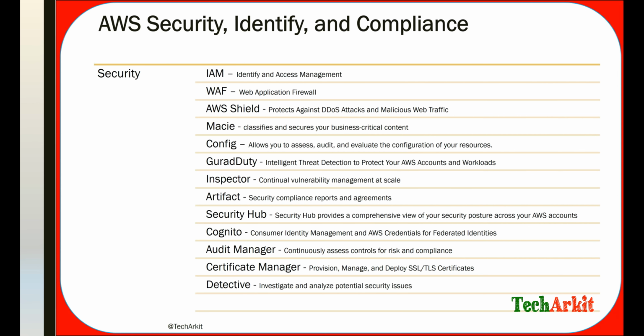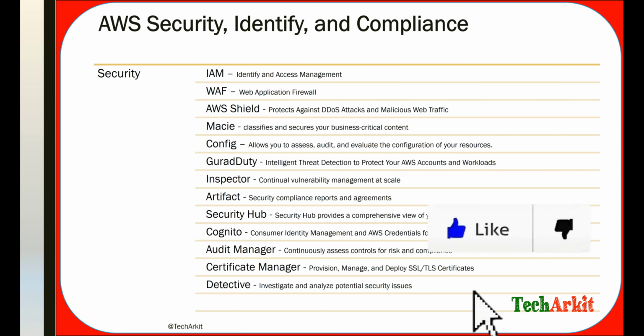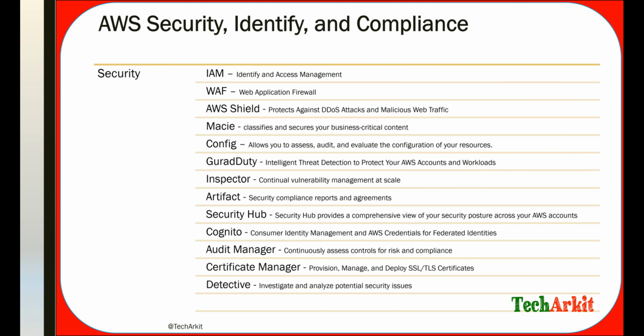The next service is WAF, Web Application Firewall, which can be used when building your secured applications, for traffic diversions and providing application layer security. AWS Shield protects against DDoS attacks and malicious web traffic to your websites. Macie classifies and secures your business critical content.